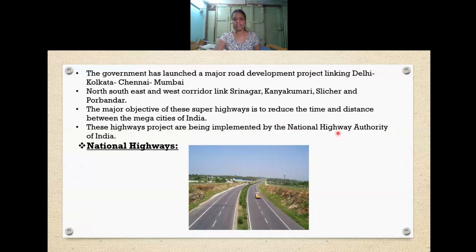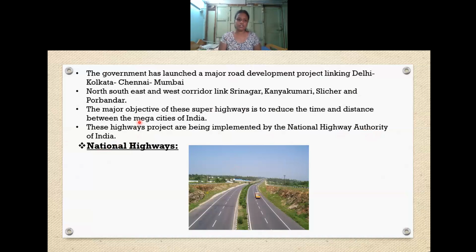For 1 mark, they will ask about the golden quadrilateral, the north-south, east-west corridor, and which department implements the highway projects in our country: the National Highway Authority of India.